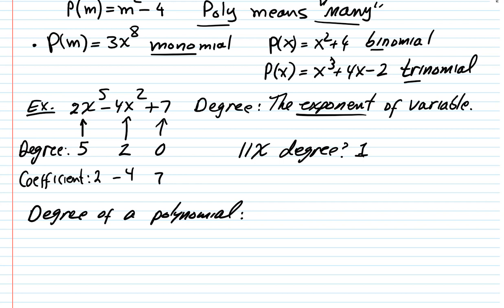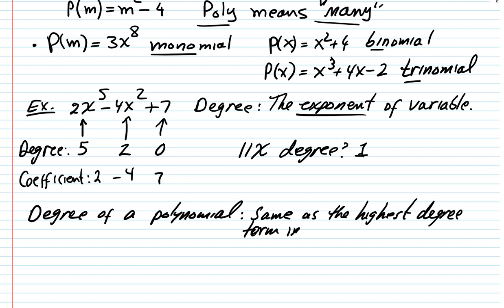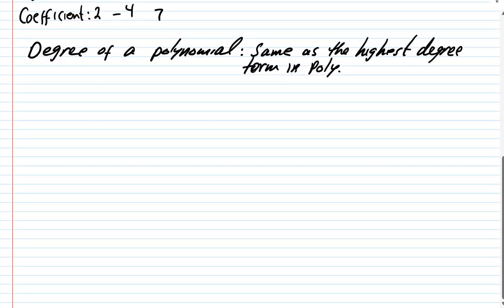So the degree of a polynomial here would be the same as the highest degree term in the polynomial. So, let's make one up for this one.